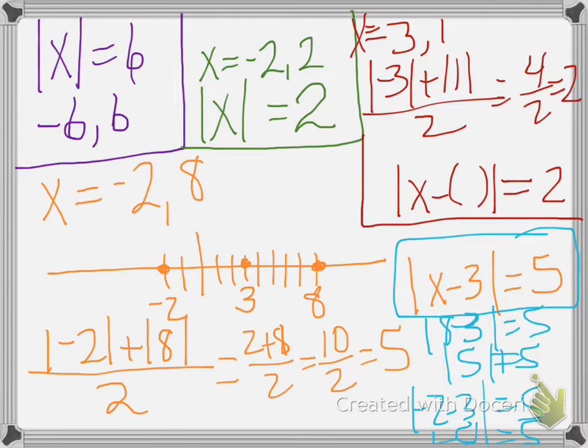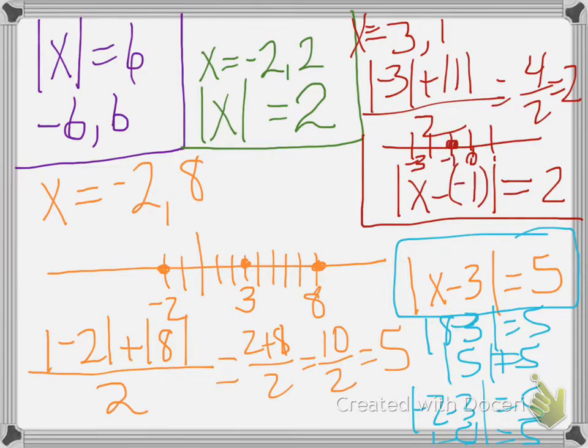Okay, so if I go with a number line, 1, 2, 3, there's -3, and 1, there's my 0, and there's my 1, and I go 2 from either side, 1, 2, 1, 2, there's my middle number right there at -1, right?